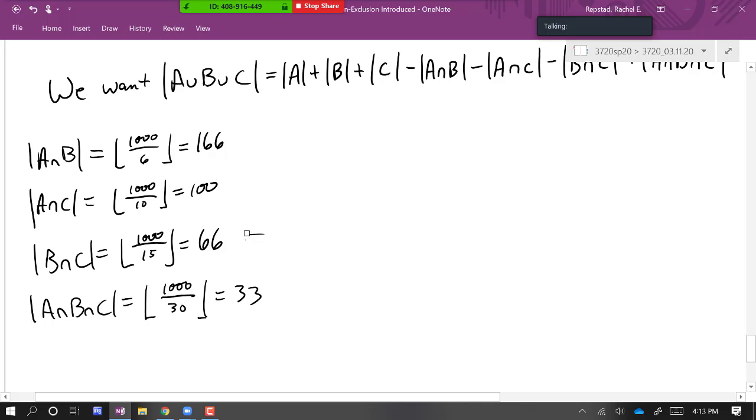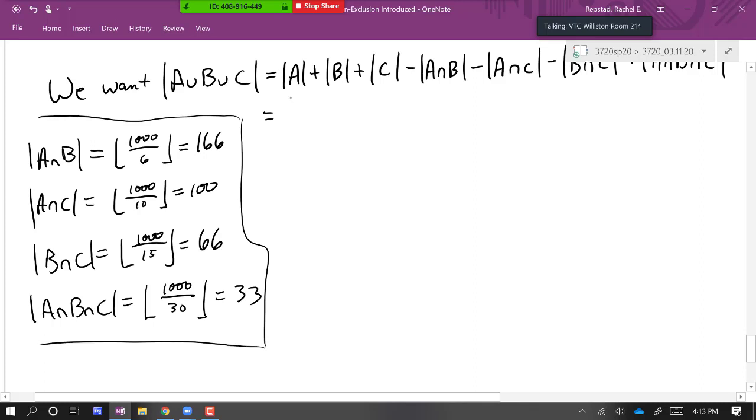I think we're ready to go. These are the things we're going to subtract and then add in that last intersection.